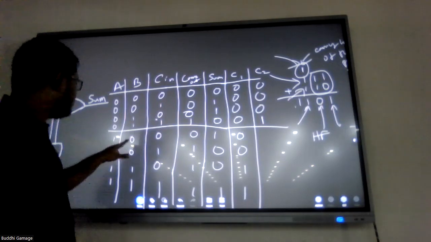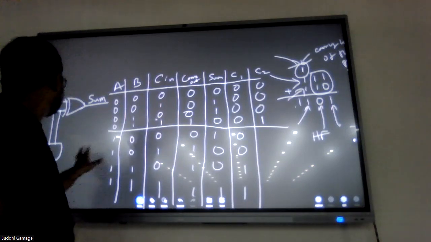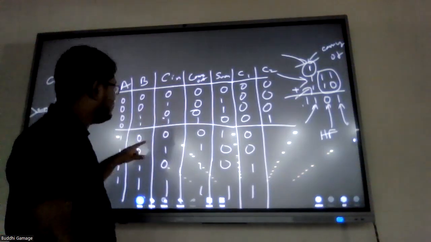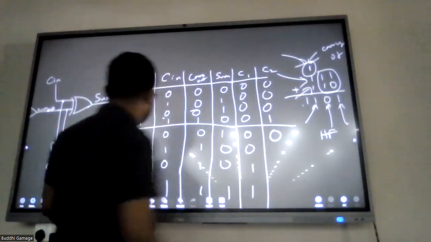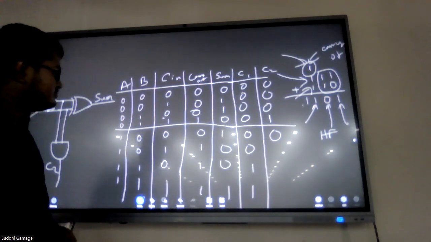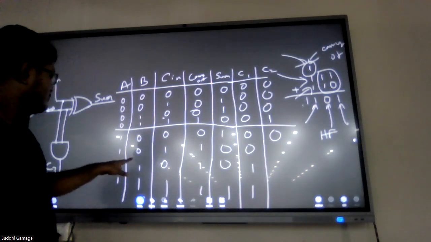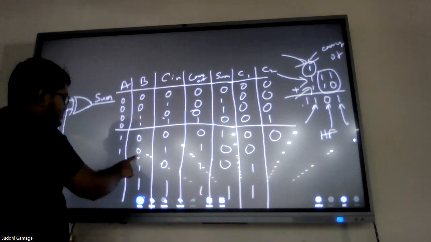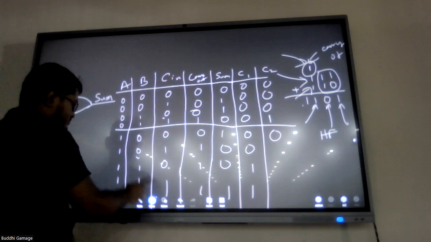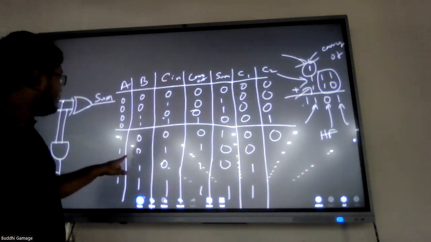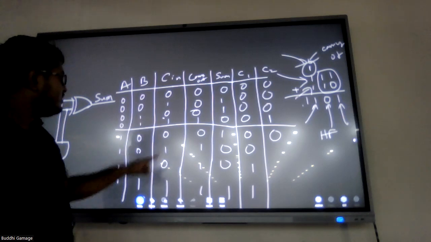Summation is 1, 0. Summation is 1, is 0. Summation is 1, 1, 1 and 1.